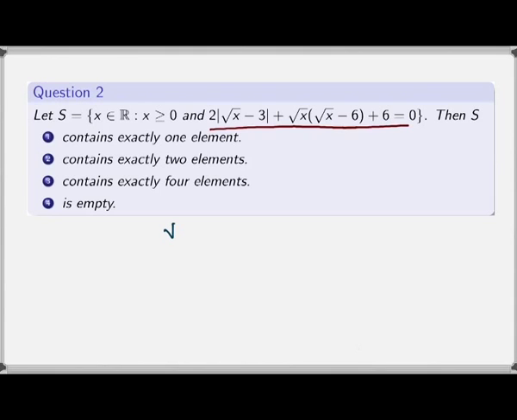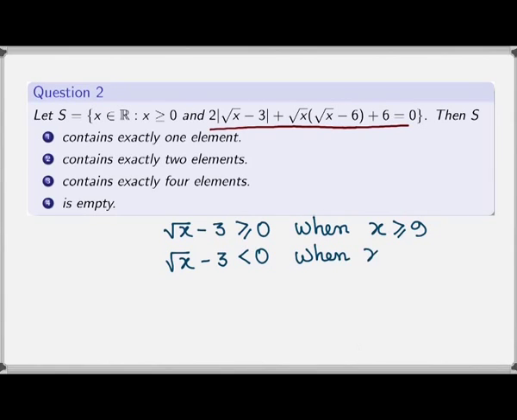To do that we shall first note that √x − 3 is bigger than or equal to 0 when x is bigger than or equal to 9, and √x − 3 is strictly less than 0 when x is strictly less than 9.